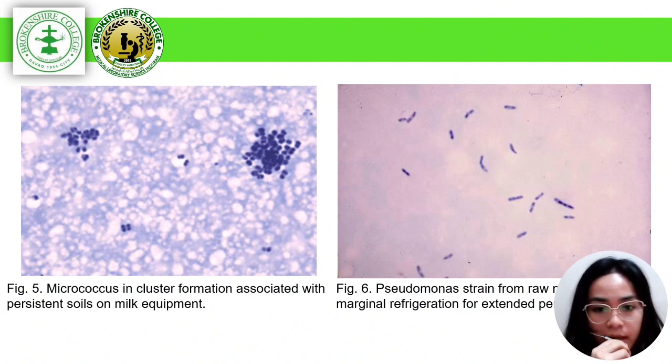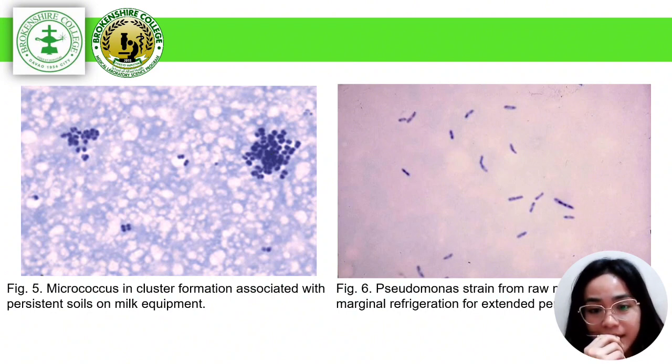Okay, next, figure 5. This figure shows Micrococcus bacteria in cluster formation, which may be associated with persistent soils on milk equipment. The presence of these bacteria suggests inadequate cleaning and sanitation practices, which can contribute to contamination and compromise milk quality.